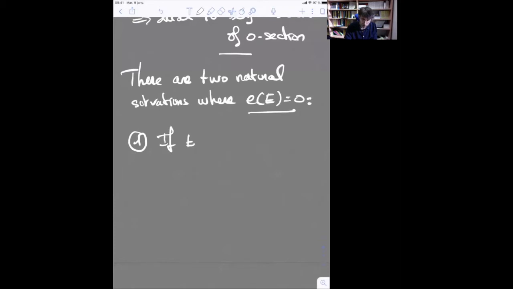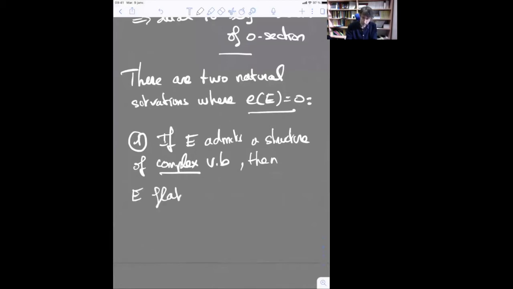If E is not only a real vector bundle, but admits a structure of complex vector bundle, then if E is flat, the Euler class, which identifies, because E is a complex vector bundle, with the top Chern class, has to be 0 because of the flatness.